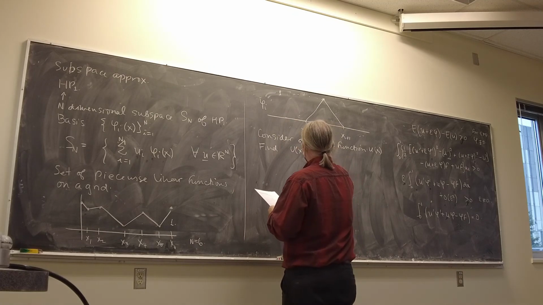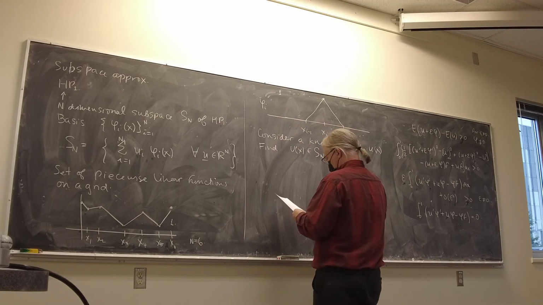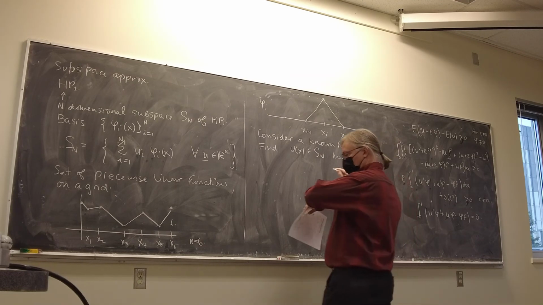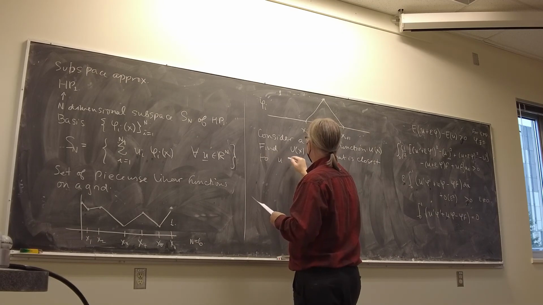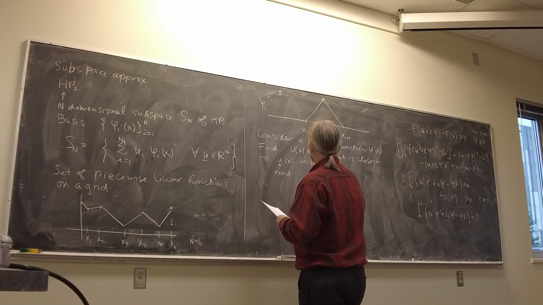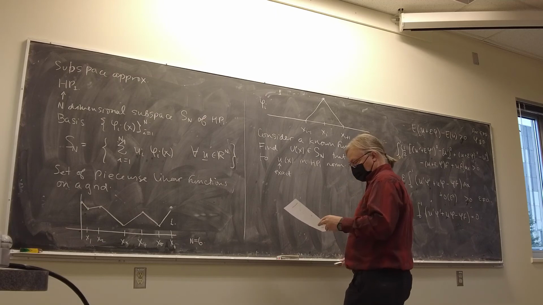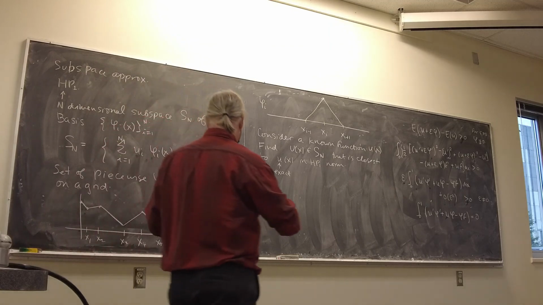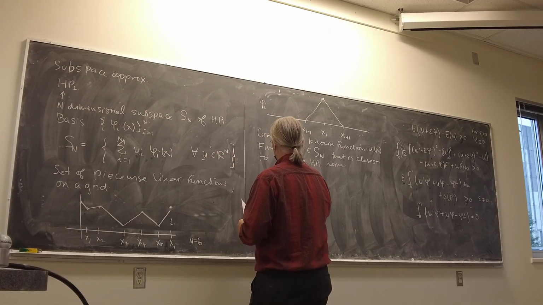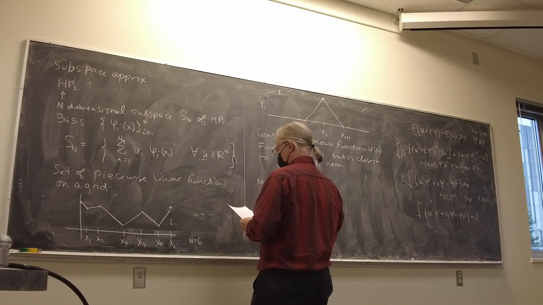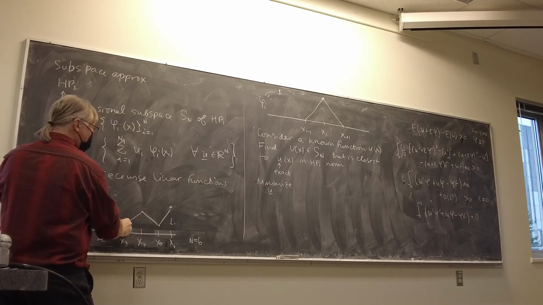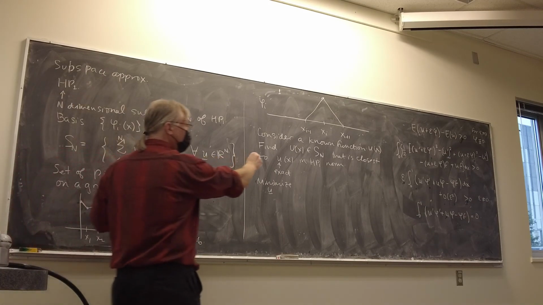So I want to find u of x in the subspace that is closest to the exact solution in the H^1. So I want to minimize the coefficients of the values of u on the grid, because that gives me this capital U of x.